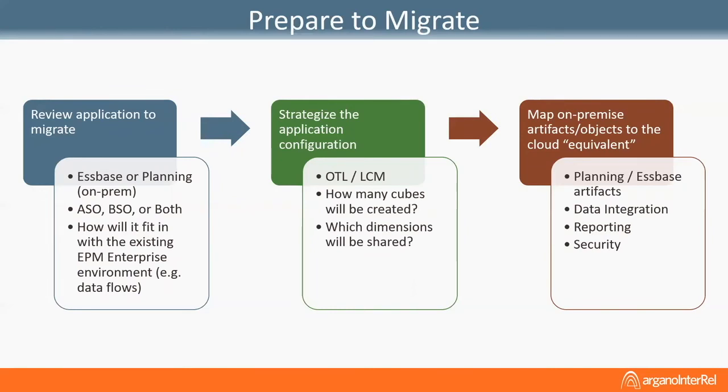You don't have Essbase filters in the cloud, and so you might need to replace the functionality that comes out of your Essbase filters through a combination of, say, your dimensional security that's in the cloud, or you could leverage the new cell level security functionality, which I think is just amazing and awesome.